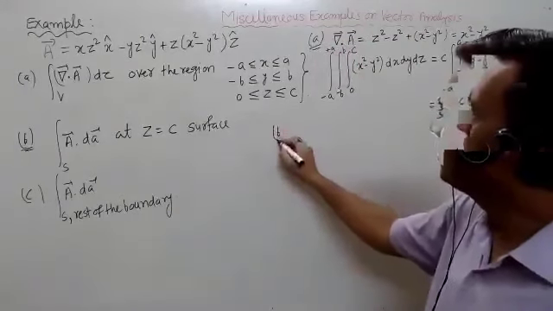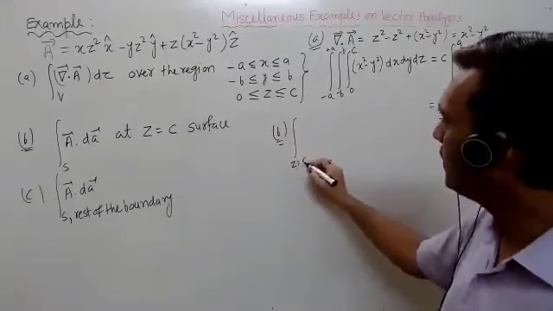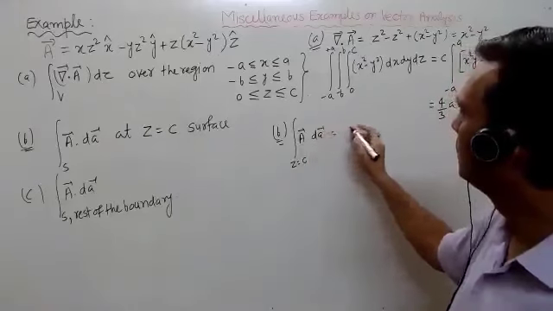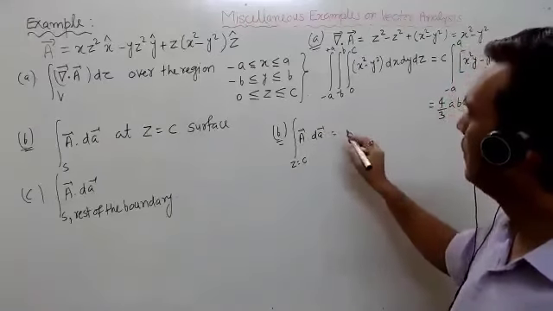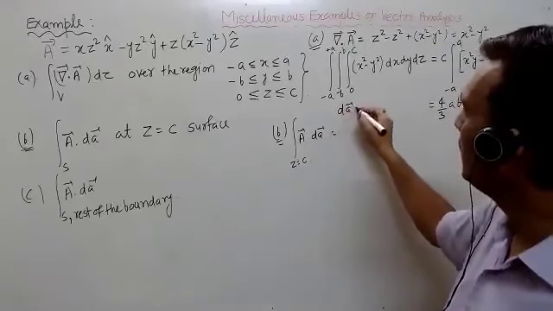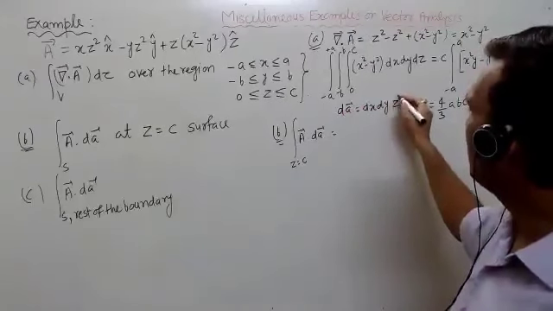Now in B part, what will be the surface integral at z is equal to c? So dA at z is equal to c is given by dx dy z cap.